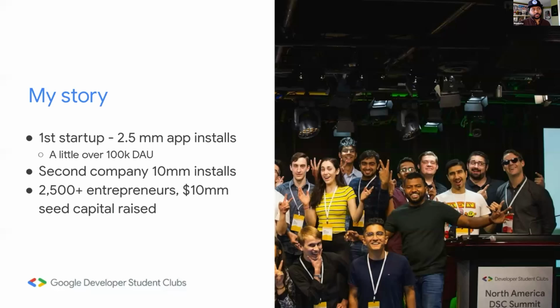Once I left that, I ended up working at Community Tech. If you know what Community Tech is, it's an incubator. I worked with about 2,500 different entrepreneurs there and helped them raise pre-seed, seed, and angel rounds, up to about $10 million in the 3 years I was there. What I realized was that the concept of community was very valued. So we ended up building an investor community.